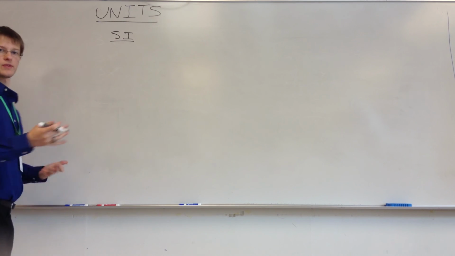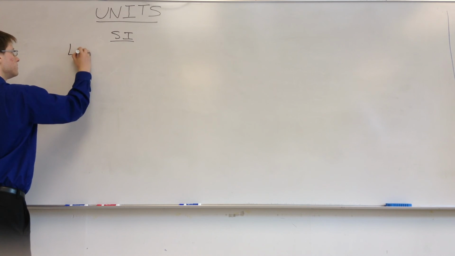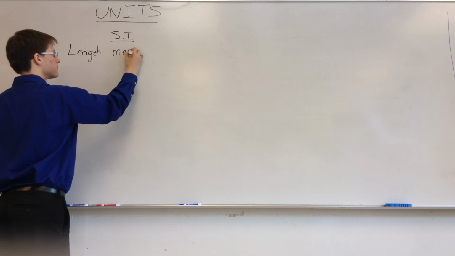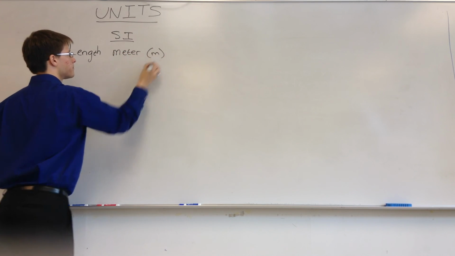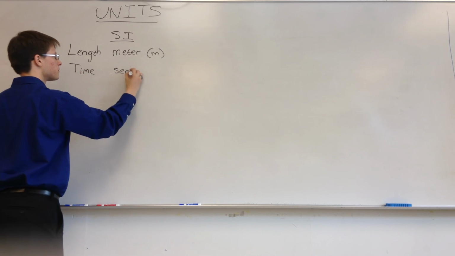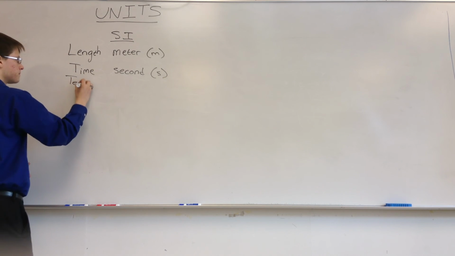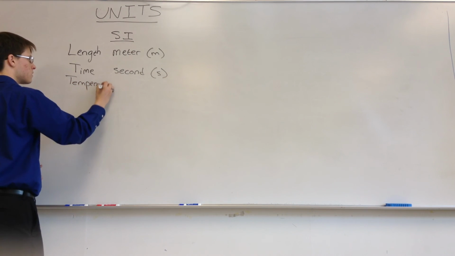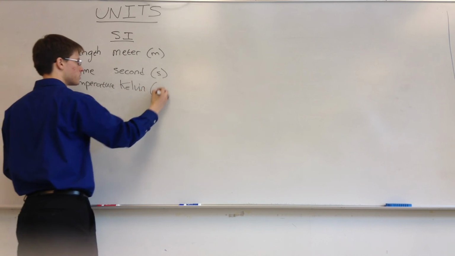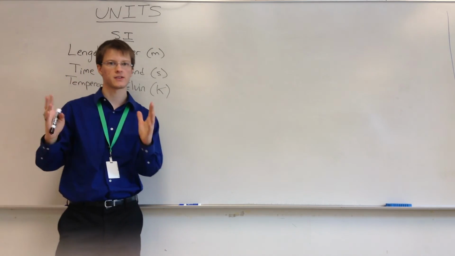So there's a few different properties we're interested in measuring generally. One of them is length, which has an SI unit of the meter, which we abbreviate as M. There's time, which has the unit of the second. There is temperature, which has the unit of Kelvin, which we abbreviate as K. Kelvin uses the same type of spacing as Celsius.